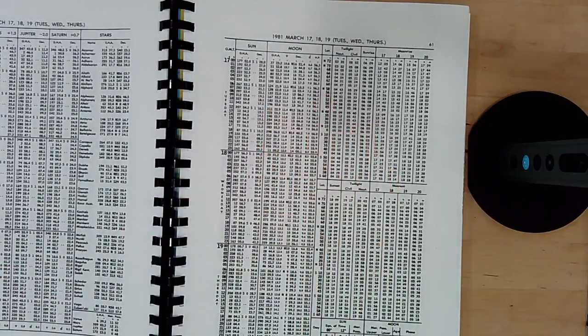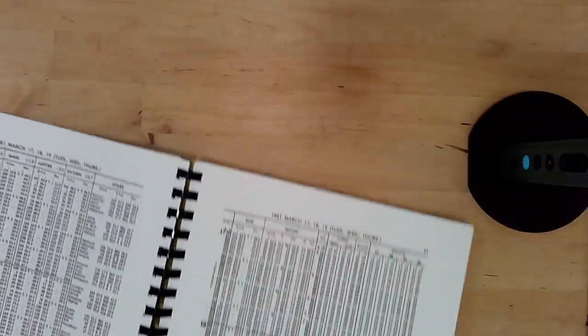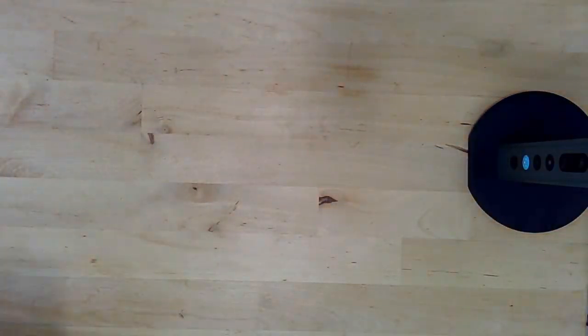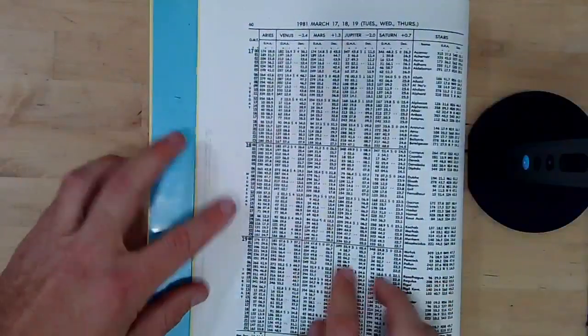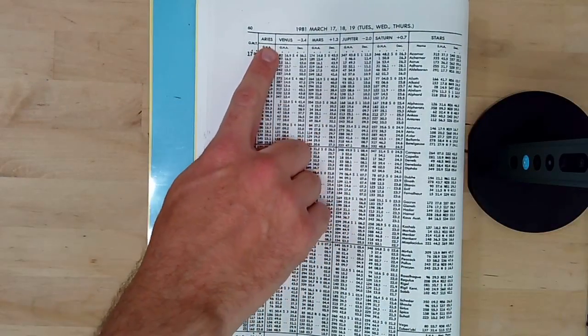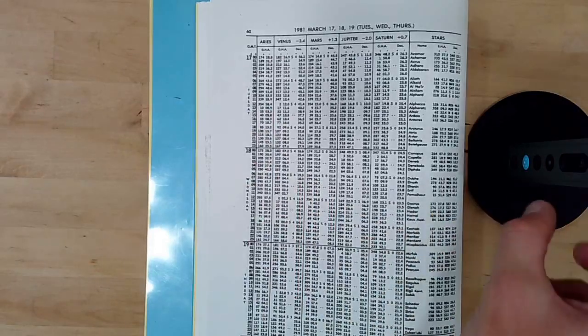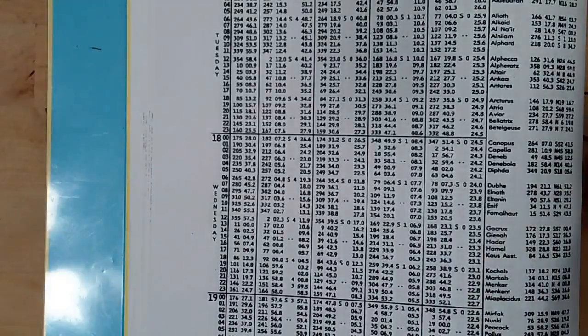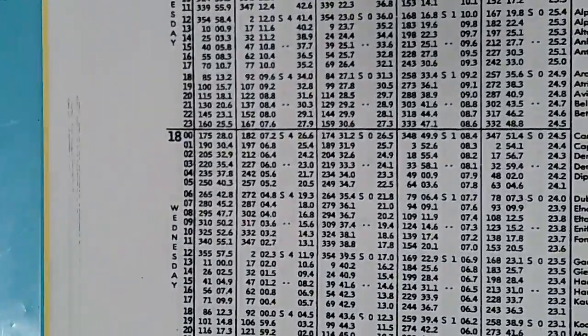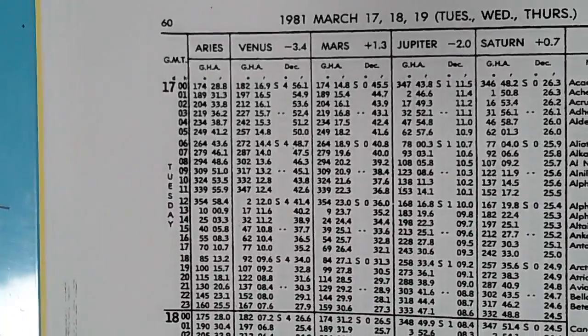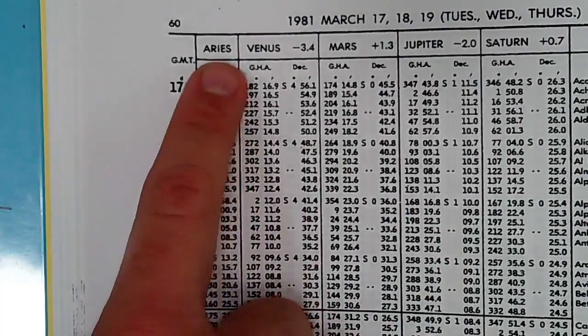Right? And in the daily pages of the nautical almanac, over on the left-hand side, it's going to give you a column for Aries. Right over here, Aries. So I'll try and zoom in here. So there's Aries.